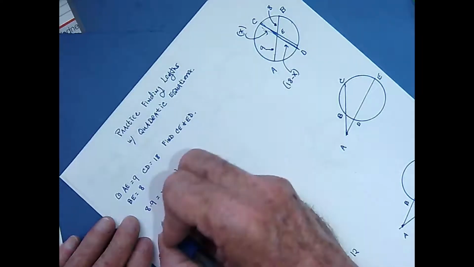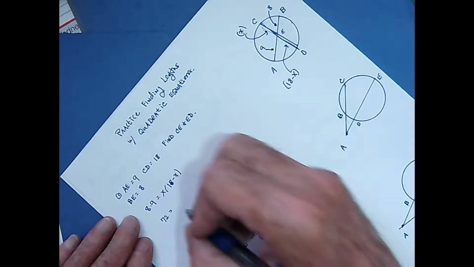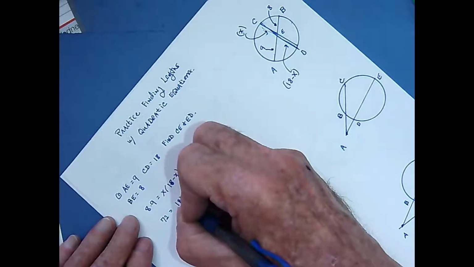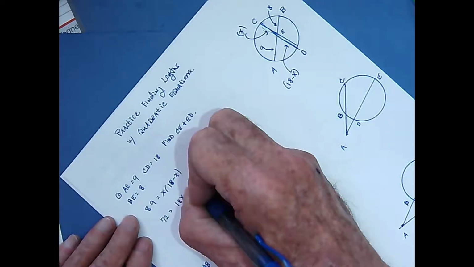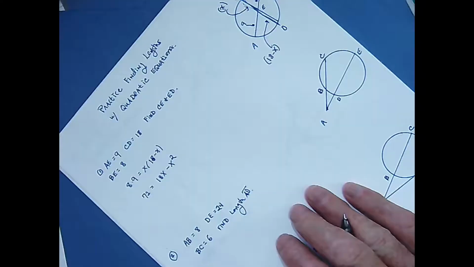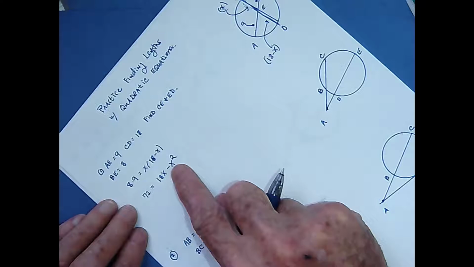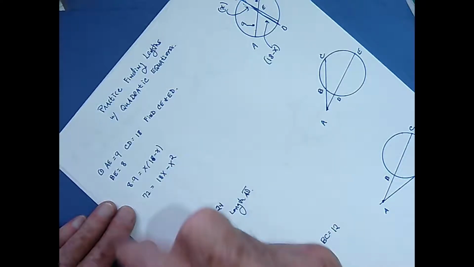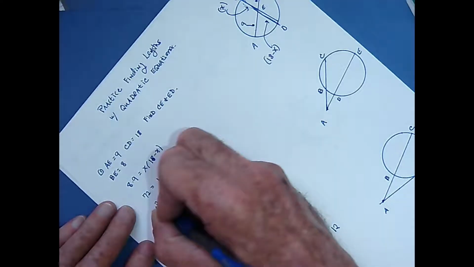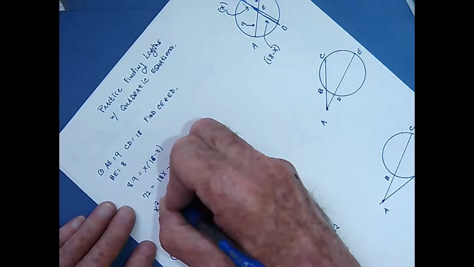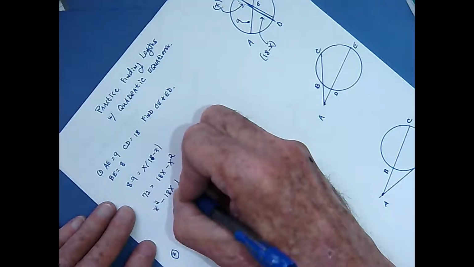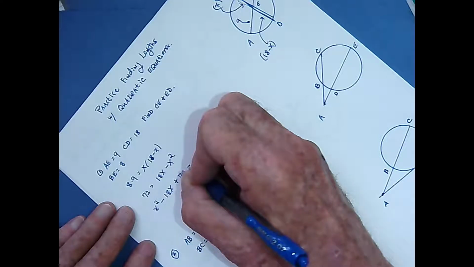And I got 8 times 9, that's going to be 72 is equal to, as I multiply through these parentheses, 18x minus x squared. And I hope you have a little process that you use when you work with quadratics. We want to have a positive squared term. I'm going to take everything to the left-hand side, set it equal to 0. X squared minus 18x plus 72, because it was already on that side, equals 0.